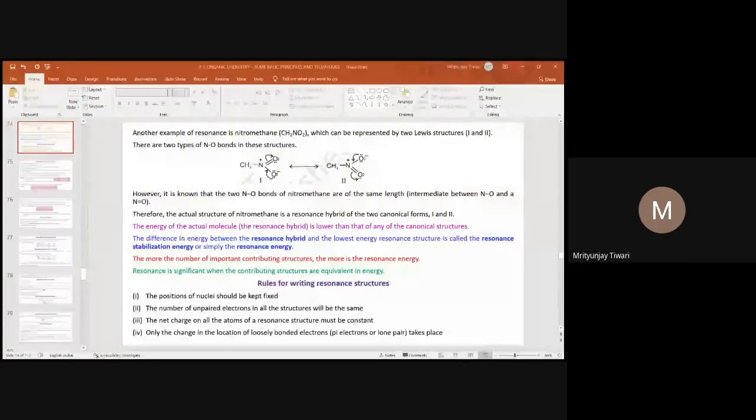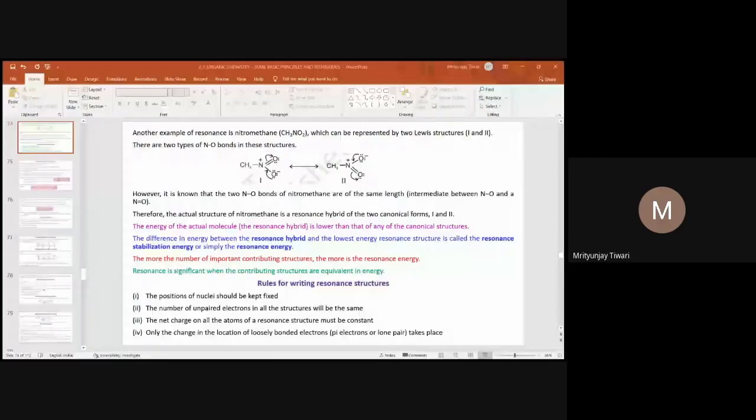Now, once you can write the different resonating structures of a molecule, we also know that their contributions towards the resonance hybrid depend on their relative stability. If there is a structure that is the most stable of all the given resonance structures, its contribution towards the resonance hybrid will be the most.